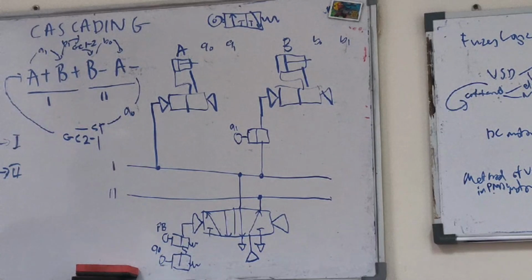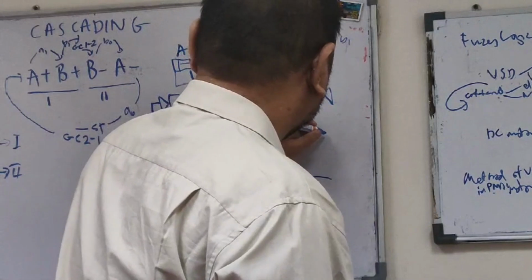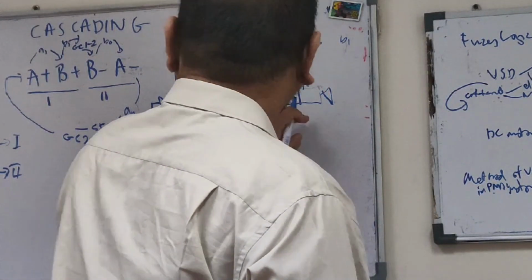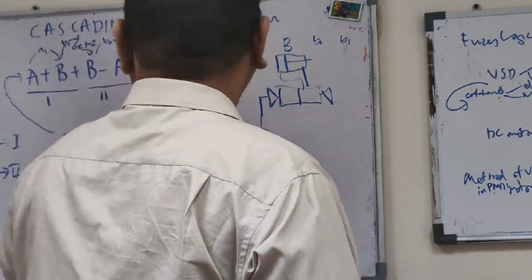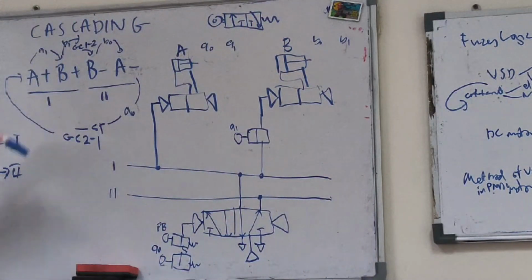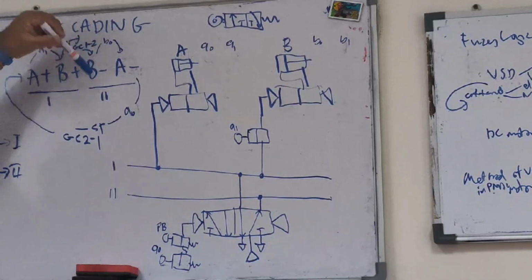Sorry, B1 is still powered by group 1. Here, B1 will cause a retraction, but the retraction of B is in group 2.